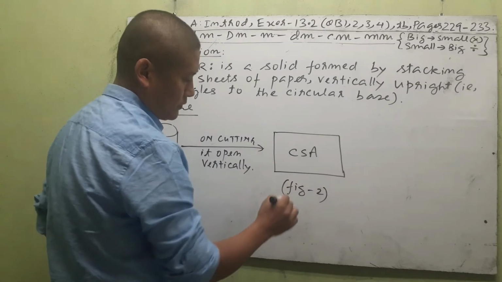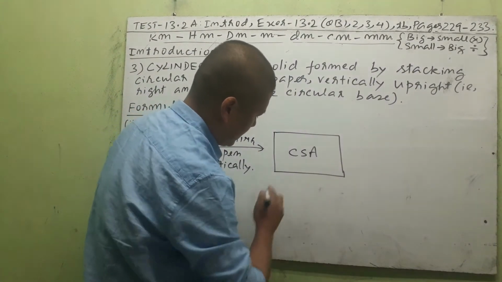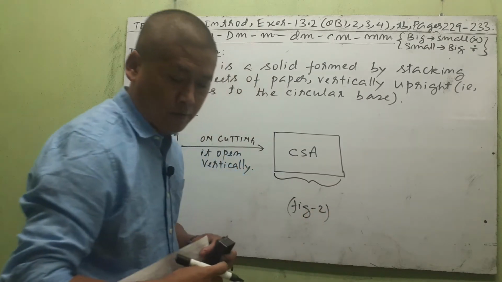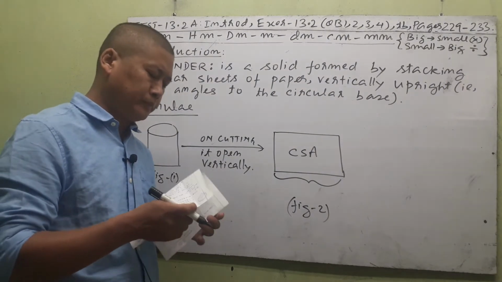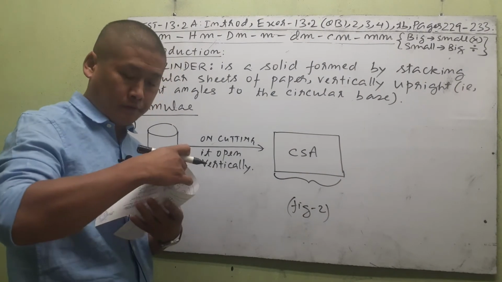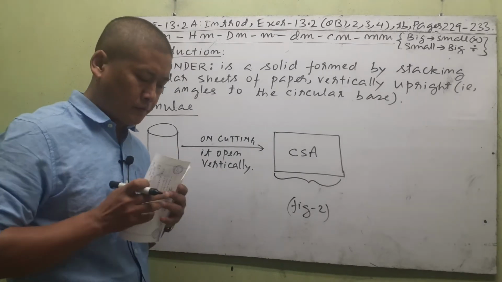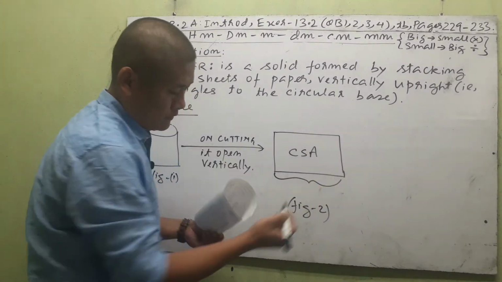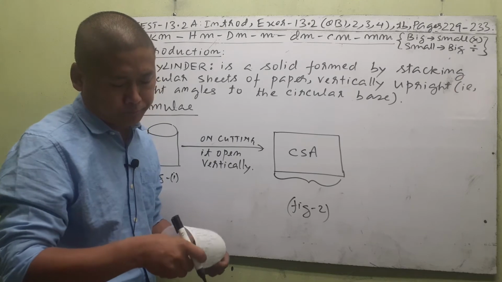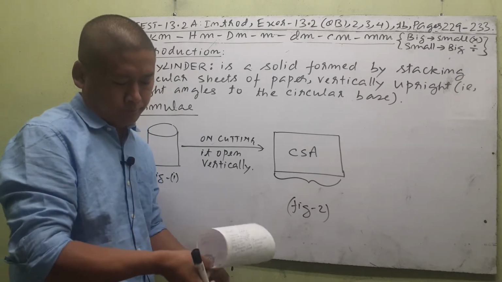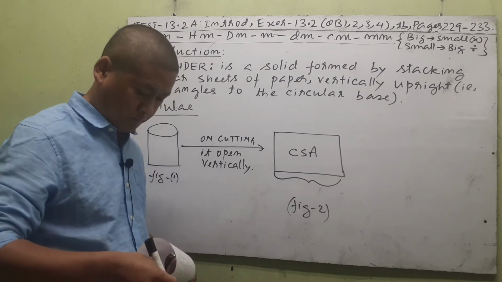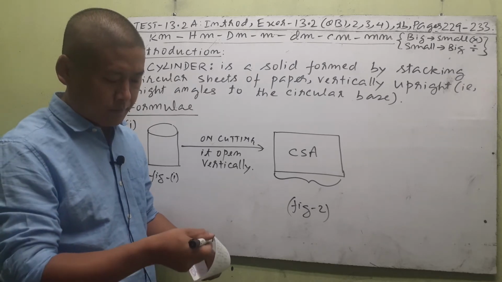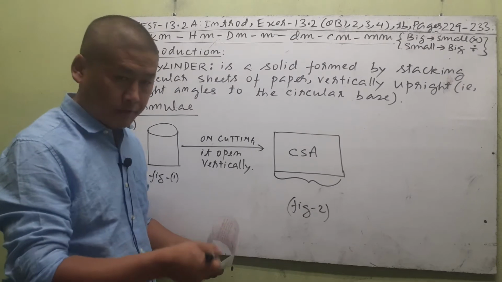Now, as you cut it open, this length from here to here in figure 2, before you cut it open, when it was in a curved form, listen carefully so that you understand the formula clearly. Before you cut it open, it was like this, and this portion from here to here was actually this one. This is the distance covered in going one time around the circle, which is the circumference of the circle.